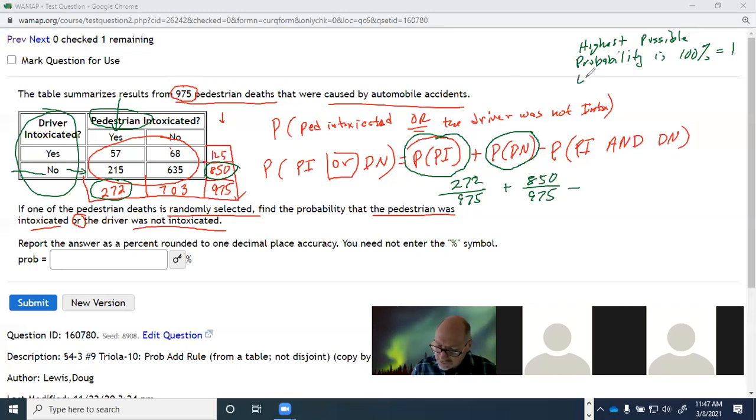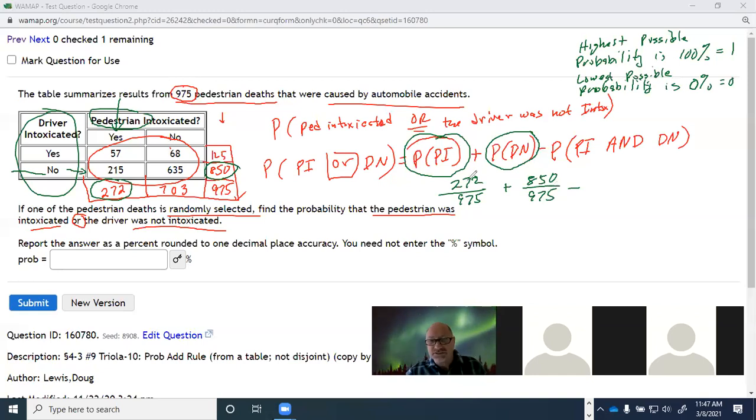And the lowest possible probability is what, do you think? Hopefully you know nothing can be less than 0%. So all probabilities are between 0 and 1.